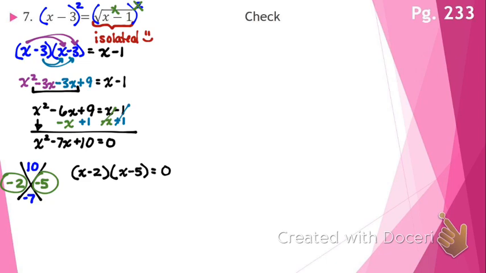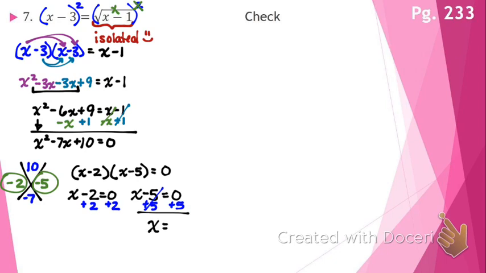What do I do with the x minus 2? Yes. X minus 2 equals 0. X minus 5 equals 0. And what next? Positive 2 and positive 5 will be my answers because we get our x's all by themselves.